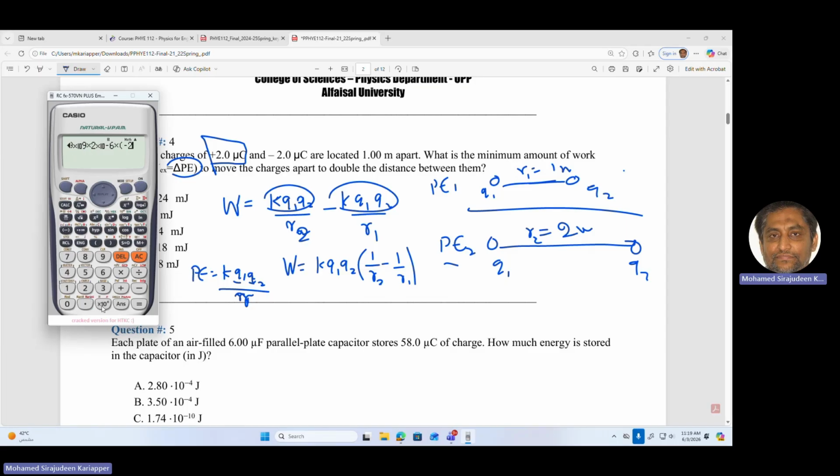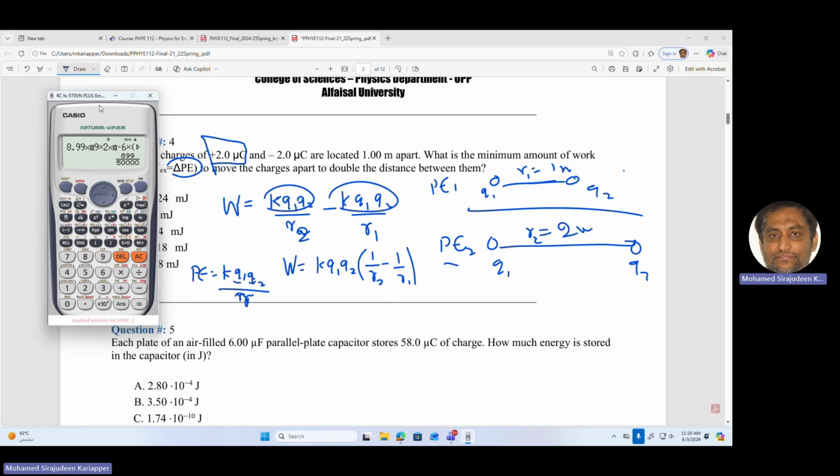So again, 2 exponent minus 6, I will close the bracket. It is not subtraction, it is multiplication. Multiply, then start the bracket and bring this fraction. So 1 divide by R2. R2 is 2. Minus the fraction 1 divide by 1. Just 1 anyway, let me be complete. Close this. I think I got everything right. The units are good. I converted everything to SI units.